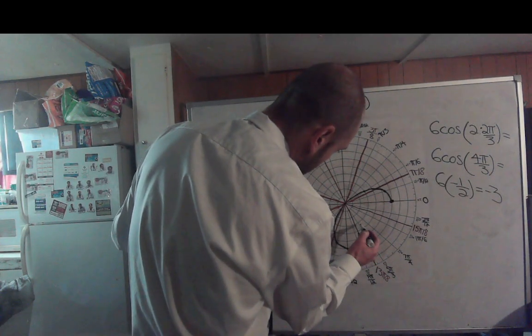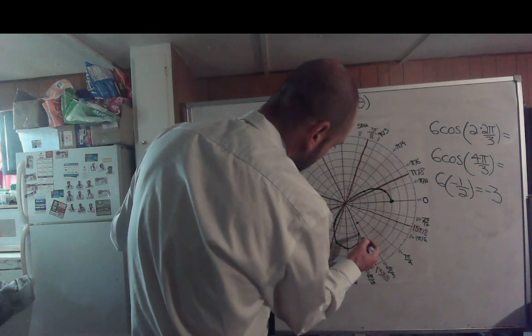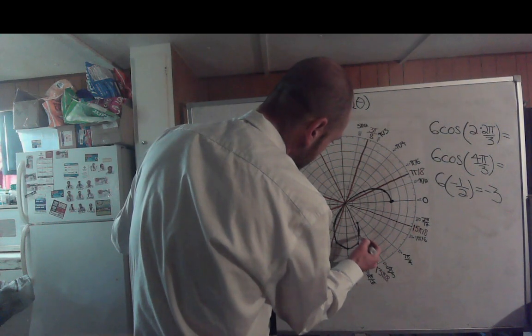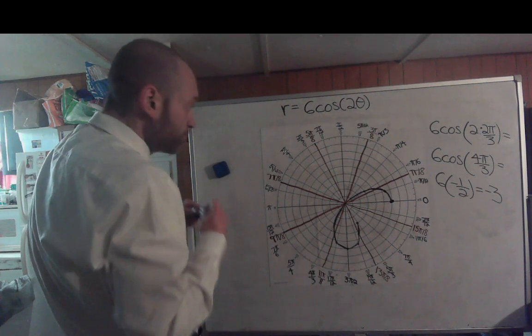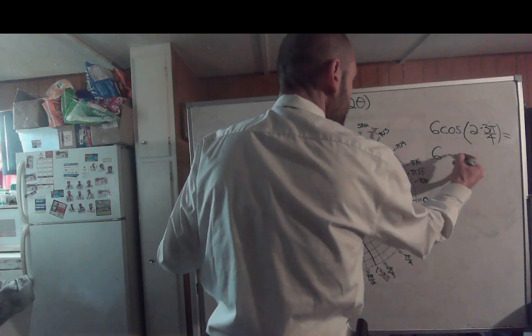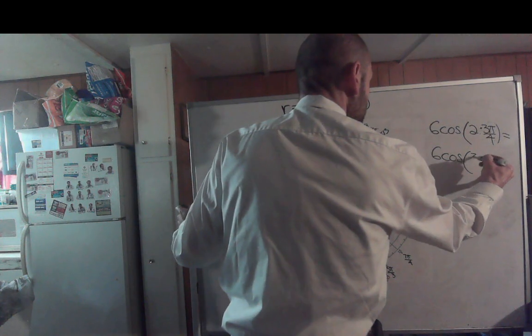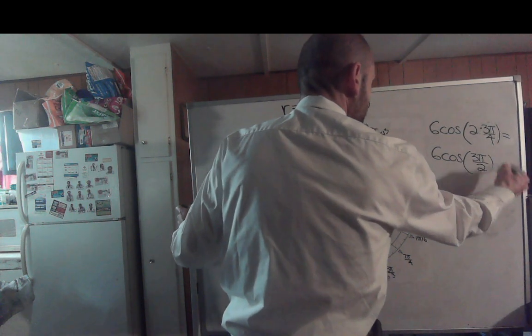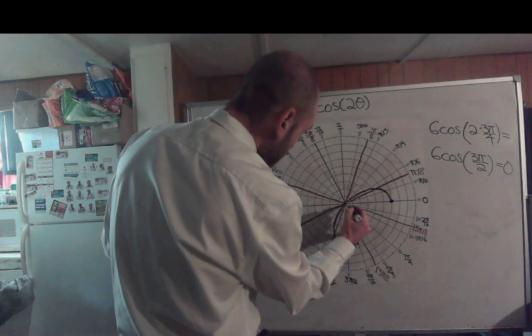So here is my negative 3. And then we need to go to 3 pi over 4. So 2 times 3 pi over 4, that's going to be 3 pi over 2. 6 times the cosine of 3 pi over 2, which is 0. So at 3 pi over 4, we're back to 0.